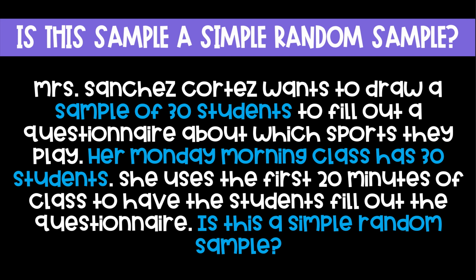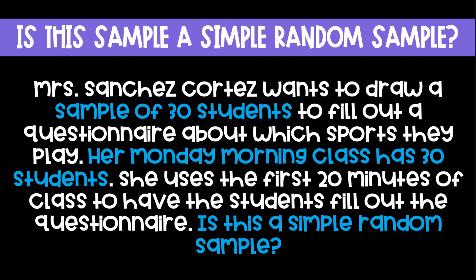In this example, we're not being specific about which one's the population. It just says that she wants to draw a sample of 30 students. Given that she doesn't say that the population is those 30 students, we can already say that this is not a simple random sample. Whether her population was all of the students from her classes, or all of the students on campus, or all the students that belong to the school district, her Monday morning class is a very particular set of students.